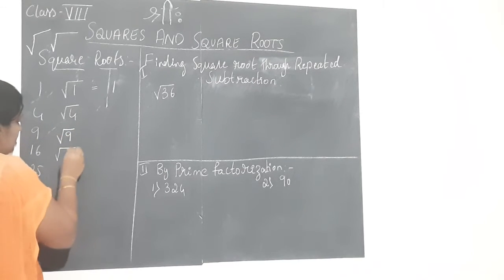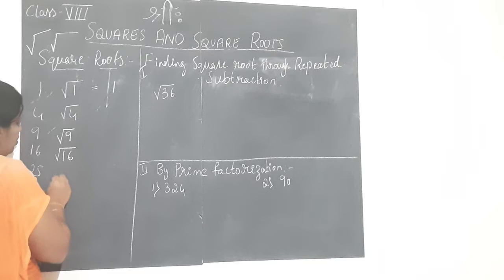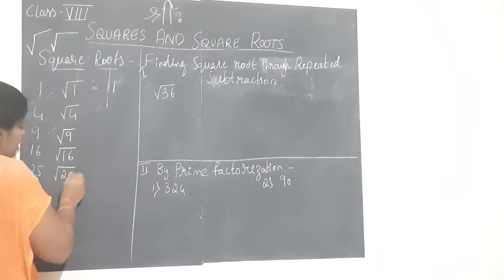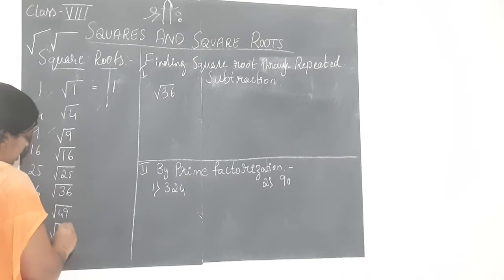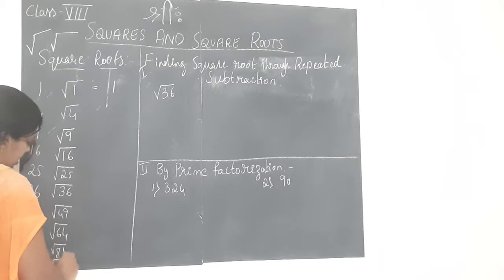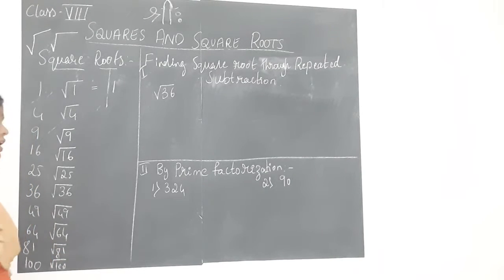For all the numbers I am putting square roots: square root of 16, square root of 25, square root of 36, square root of 49, square root of 64, square root of 81, and square root of 100. What am I doing? For these perfect squares which we got, I am putting the square roots. And how to read and how to represent them, I have taught you.